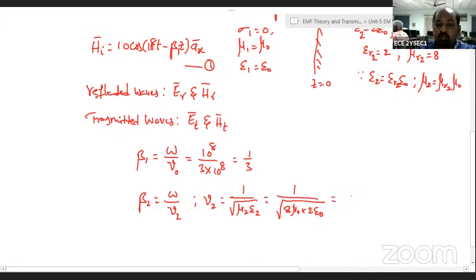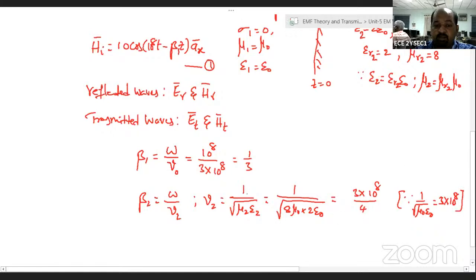So this is equal to 3 into 10 power 8 divided by 4, since 8 twos are 16, so 4, and 1 by root of mu naught epsilon naught is equal to 3 into 10 power 8.